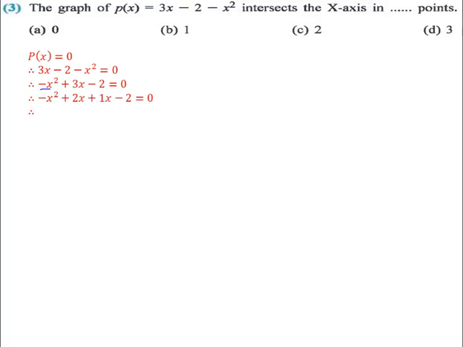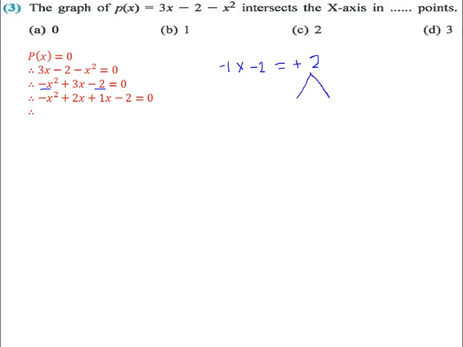The coefficient of x square is minus 1 and the constant term is minus 2. We multiply minus 1 into minus 2, which is equal to 2.